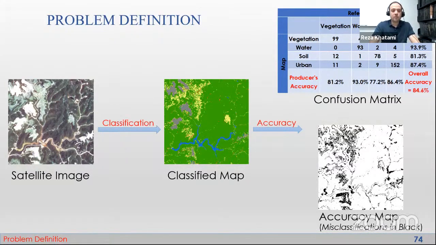So we are looking at the distribution of error, and at methods that we can use to interpolate the classification accuracy, and in addition to the confusion matrix, we could create maps that represent where the misclassifications are or the probability of misclassifications.